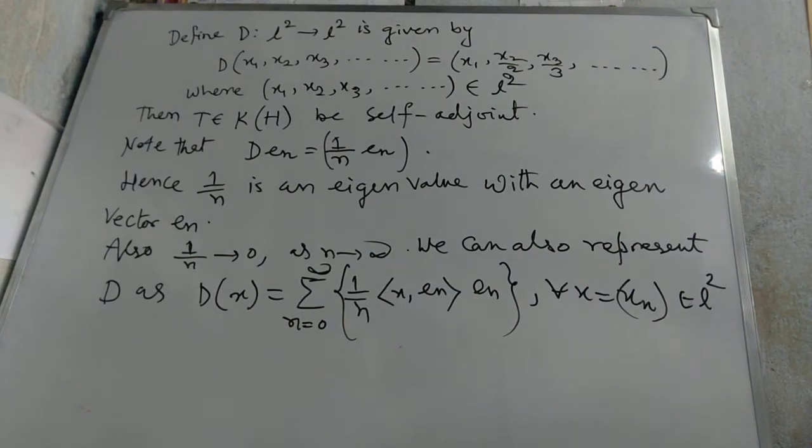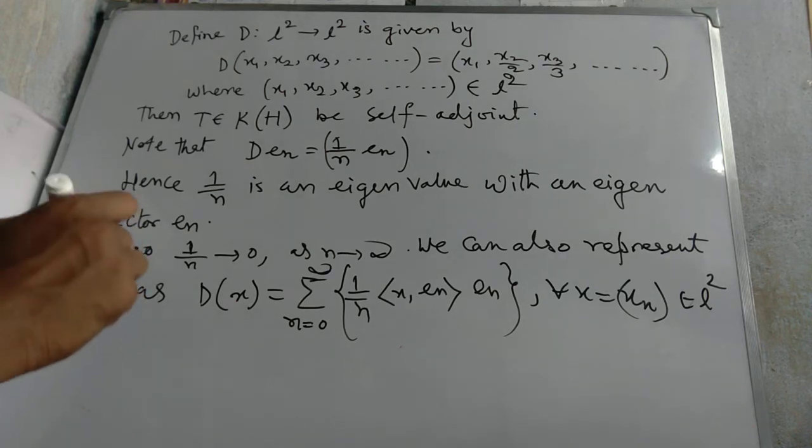We also gave this example earlier, but here we represent Dx in this way. That means by this spectral theorem we can also write this.